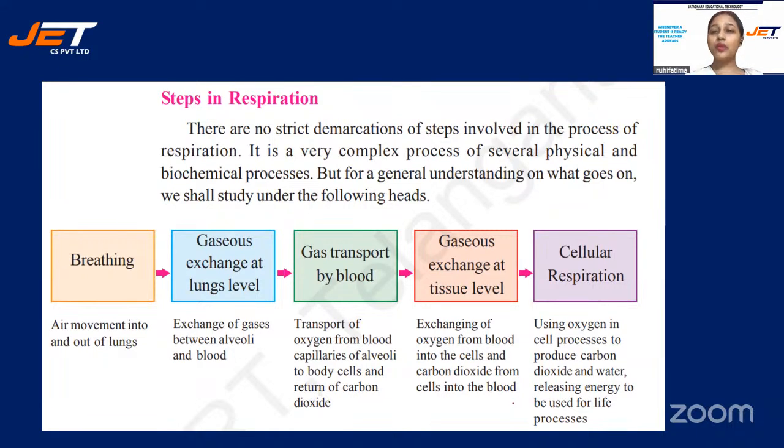After breathing, what happens? There is a gaseous exchange at different levels in our body. Okay, first gaseous exchange is there in the lungs. It is there in your nostrils only. When you inhale air, what happens? It passes through this nasal passage. But in the nasal passage also, there is mucus lining.